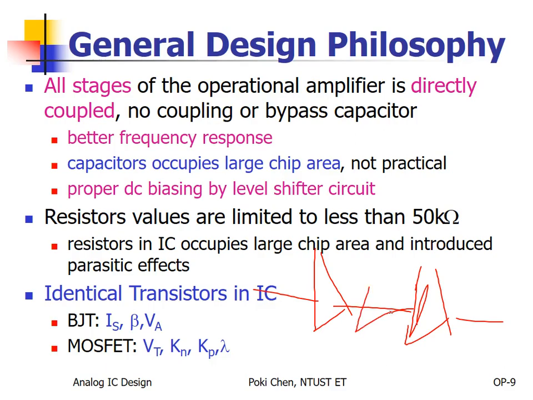You need something in between, right? We call it a level shifter. Yeah, this one. To shift the output DC of the previous stage to the input DC level of the next stage. Okay? In this way, we can make DC functional for such kind of op-amp design.